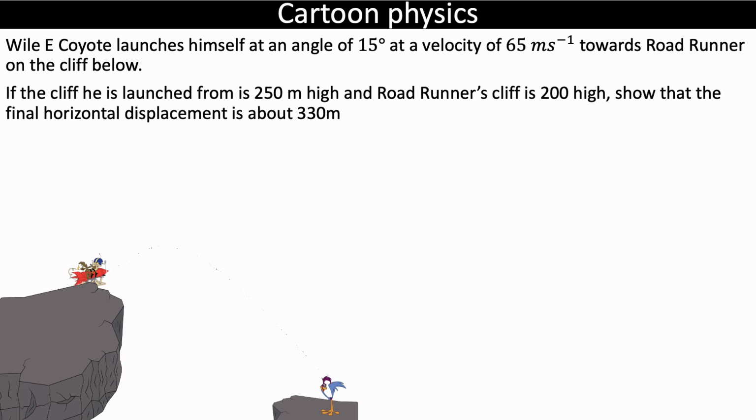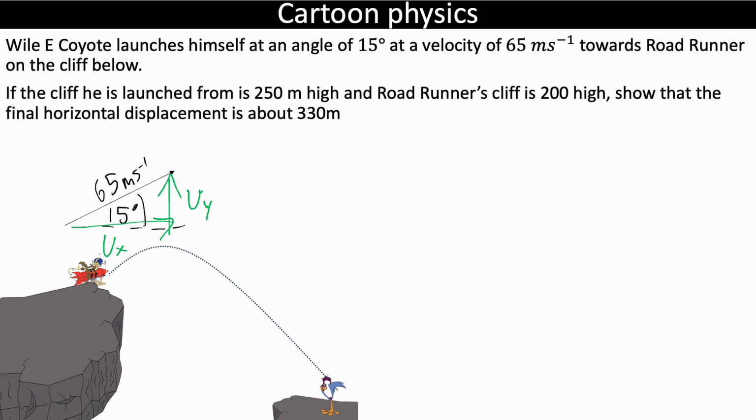In terms of his flight path, with any projectile motion it always helps to draw things clearly. He's going at an angle of 15 degrees at 65 meters a second. So we need to resolve the vectors vertically and horizontally. Let's call these uy and ux.